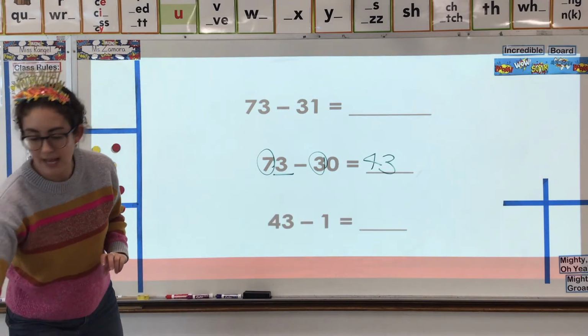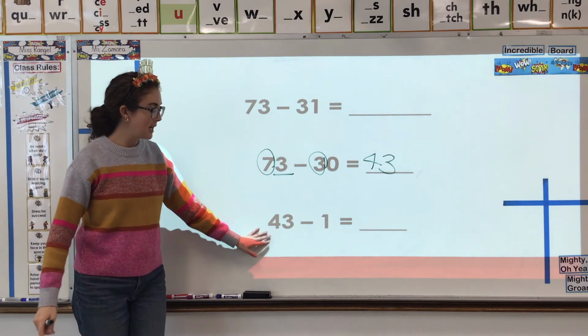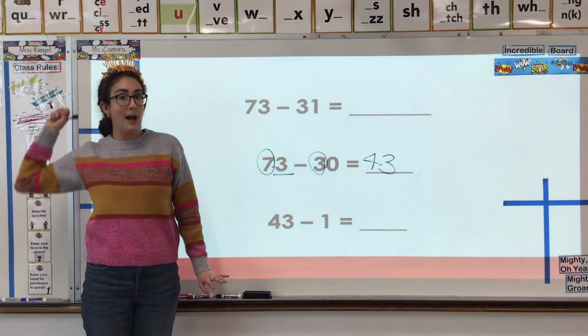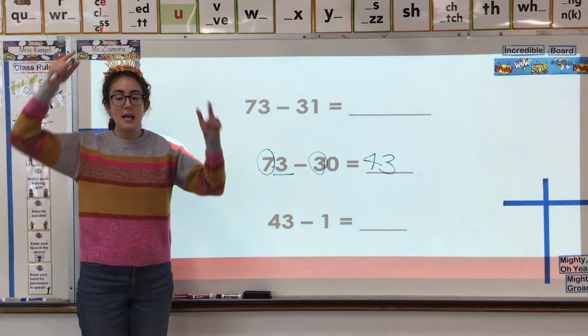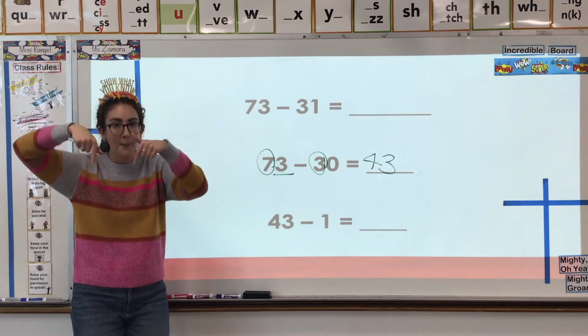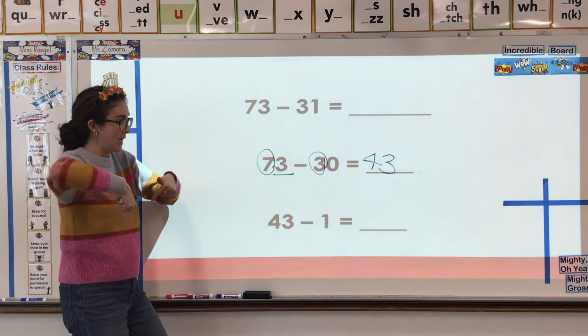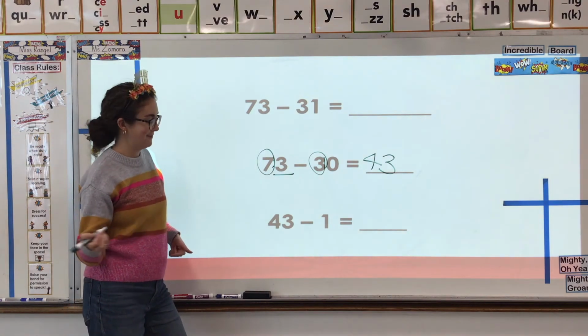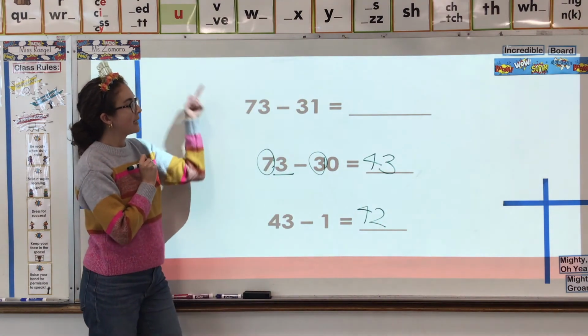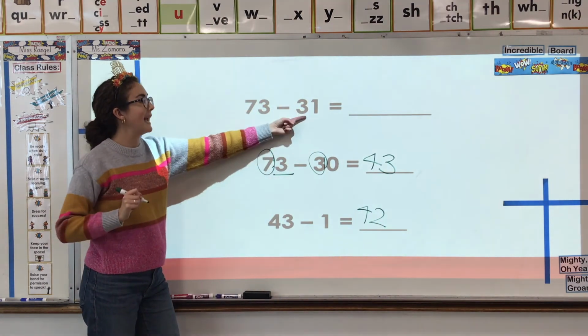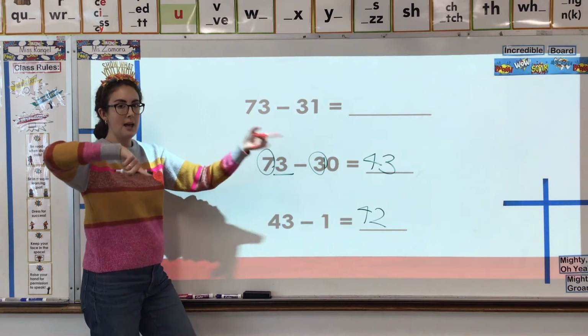So my friends, if we have 43 and we're going to keep subtracting, what would our answer be? 43 minus 1, 42. There we go.